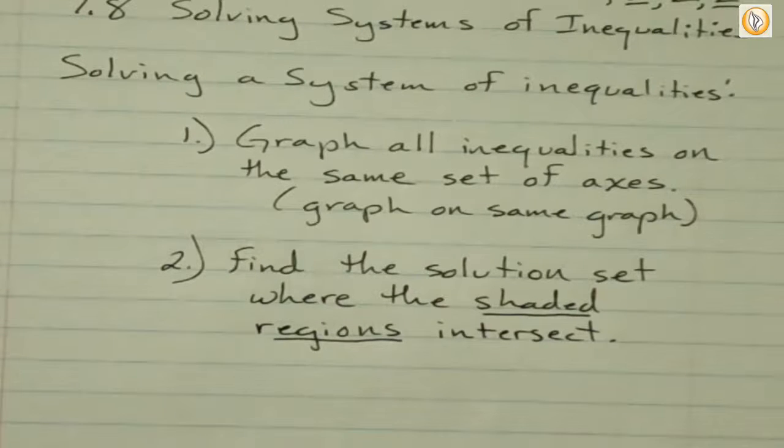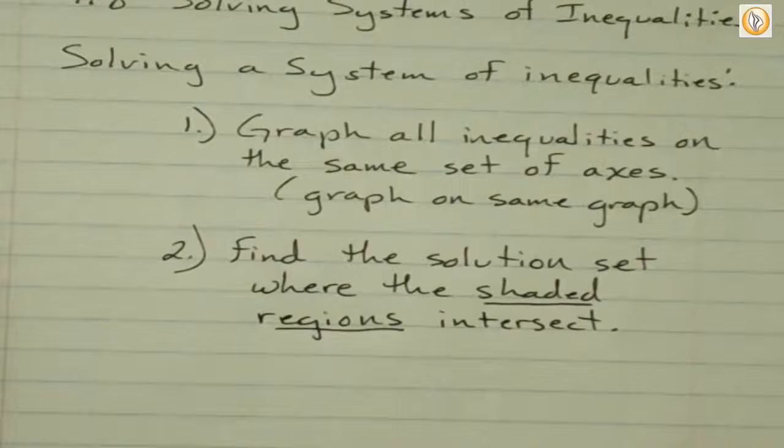You remember when you graph an inequality, you shade above the line or below the line. Y'all remember that? If you don't, I'll remind you. The solution set is where the shaded regions intersect.